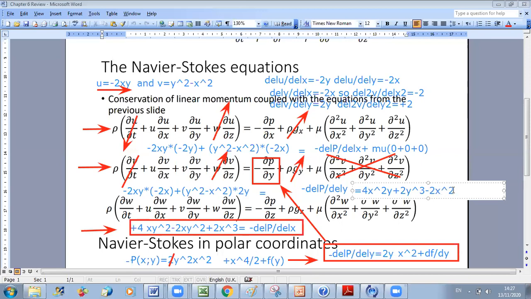Okay, so now here also I have terms that can be simplified. You have 4x square y, and you have minus 2x square y. It is equal to 2x square y.